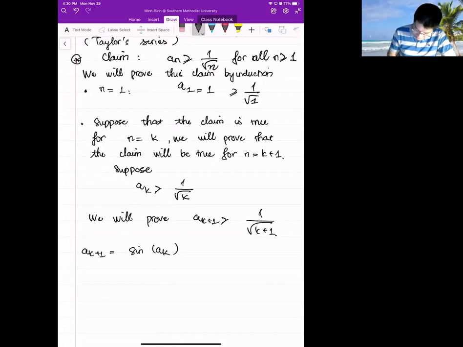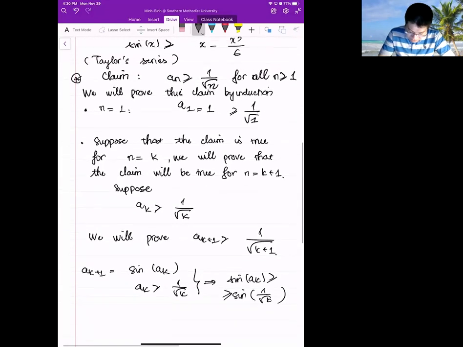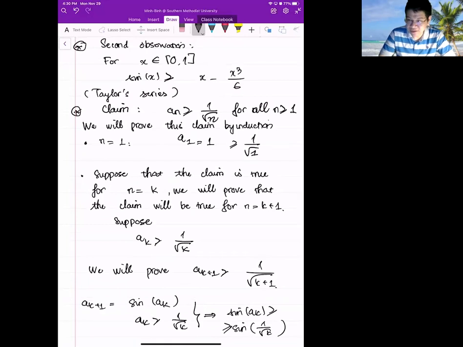But we know that a_k is bigger than 1 over square root of k. Then we have sine of a_k is bigger than sine of 1 over square root of k. Now we're going to use the second observation.